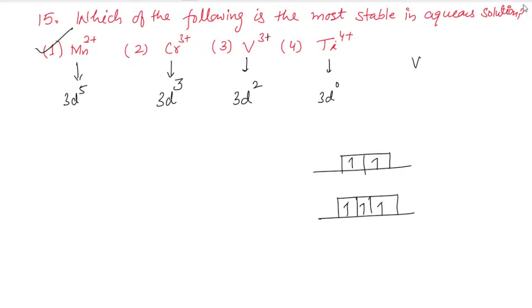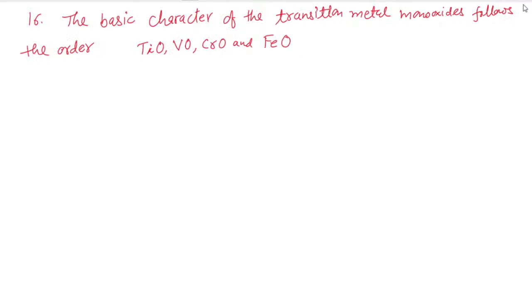It is because exactly half filled and fully filled electronic configurations have extra stability. Now question number 60. Basic character of the transition metal monoxides follows the order: titanium, vanadium, chromium, iron.